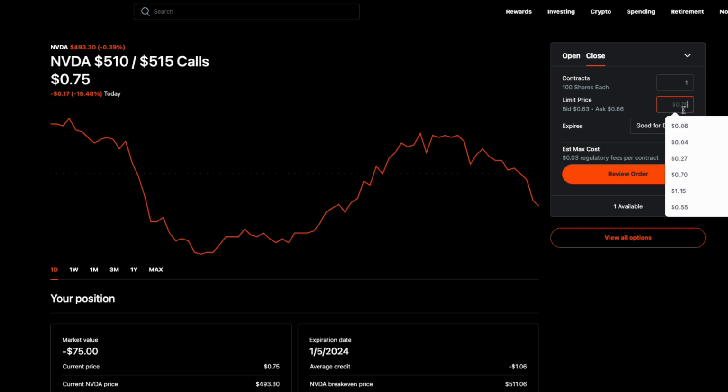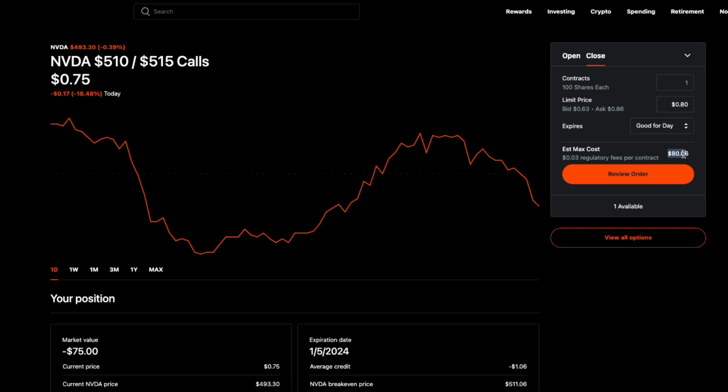In this case we are closing it early, so you have to go close to the ask price, because otherwise if you go close to the bid price, that position may not get filled. So you probably have to go close to $80, and that would be your max cost that you're going to pay.